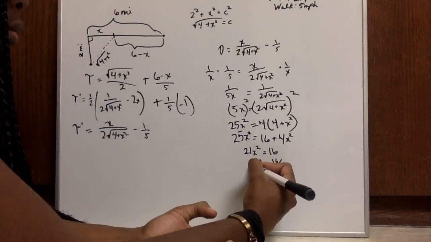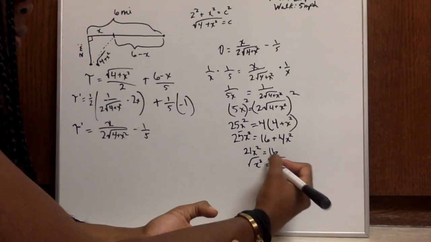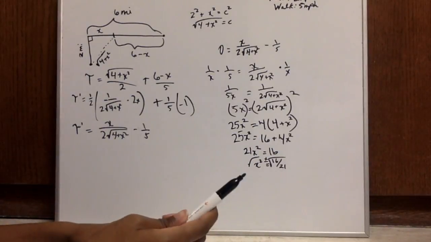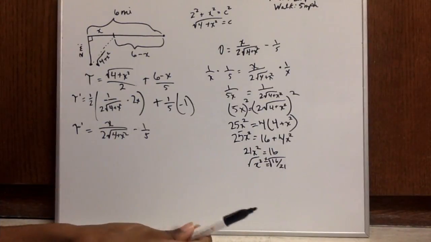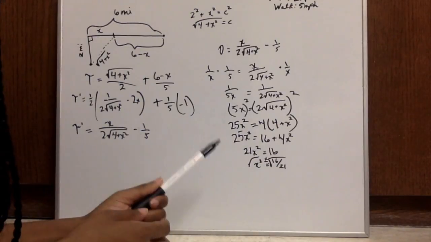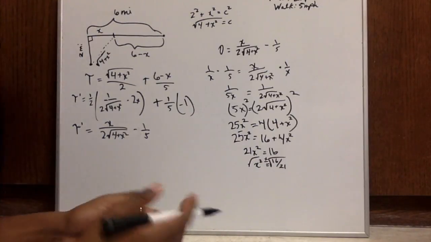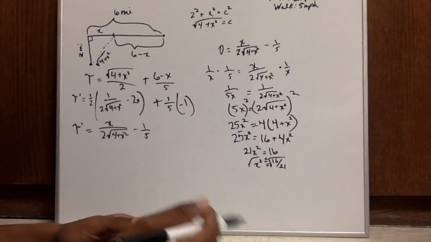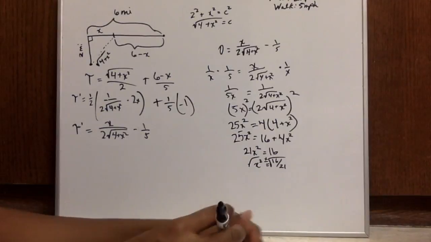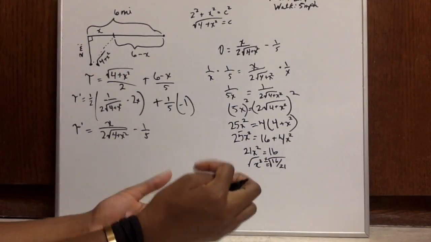Now we can take the square root of both sides. When we take the square root, be mindful that we usually take the plus or minus square root, the positive and negative version of it. But here in this problem, we have to look back at our domain because we have to make sure that the value that we get for x is going to be a part of our function's domain.